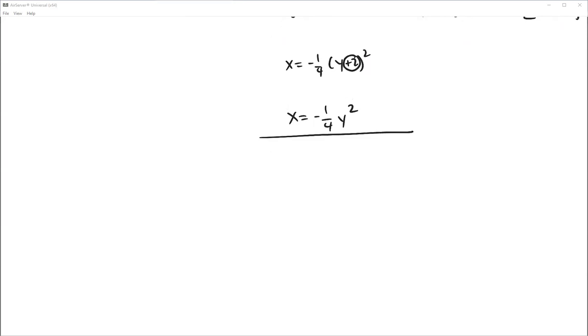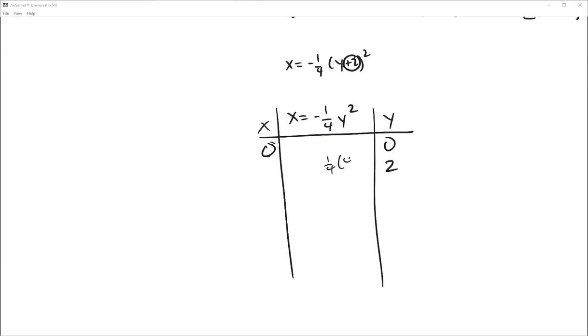Let's get some points. I'm going to choose maybe 0. I have to remember that we're plugging in numbers for y this time. That means that x is 0. If we choose 2, 2 squared is 4, and negative 1 over 4 times 4 is negative 1.